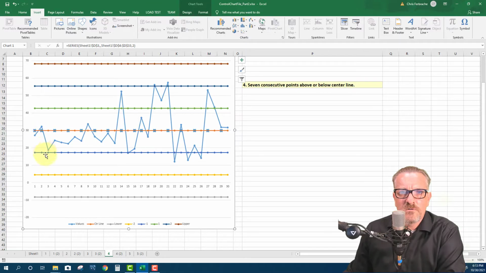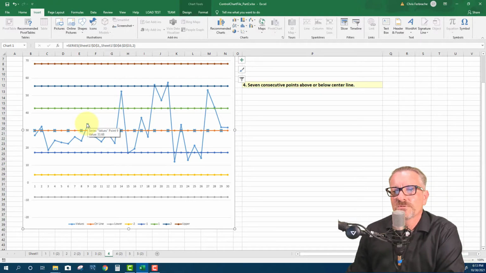So below, let's see, we have 1, 2, 3, 4, 5, 6, almost 7, but it pops up over the line. So once again, and then this one, 1, 2, 3, 4, but it pops up, and then like 2 or so. But this point right here makes it so that the process is still technically in control with these rules.